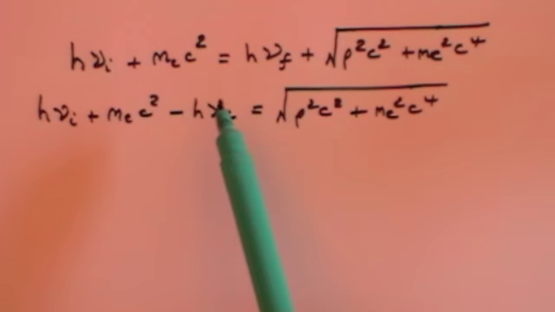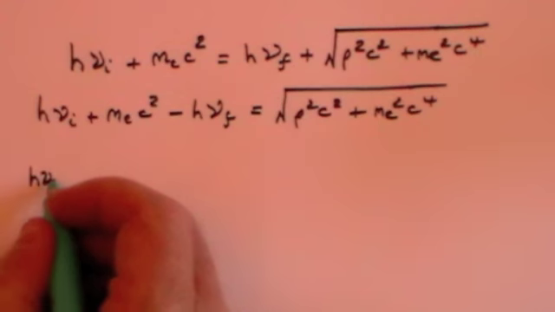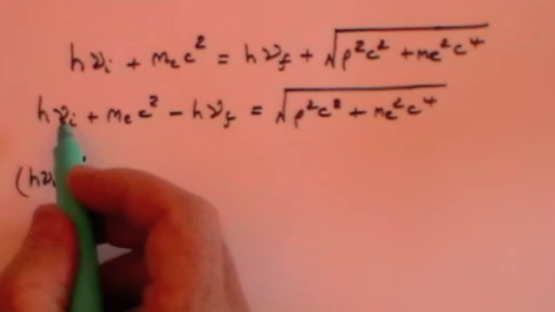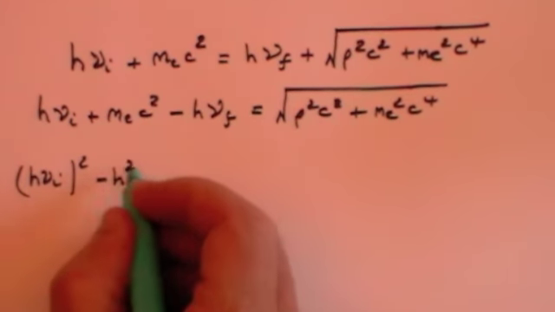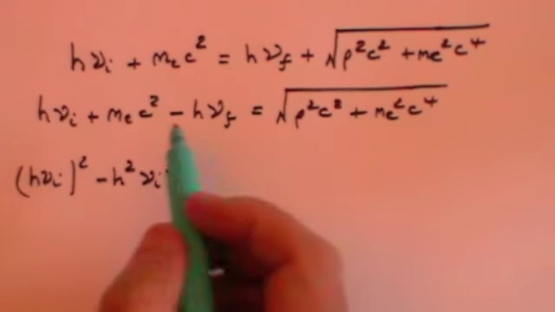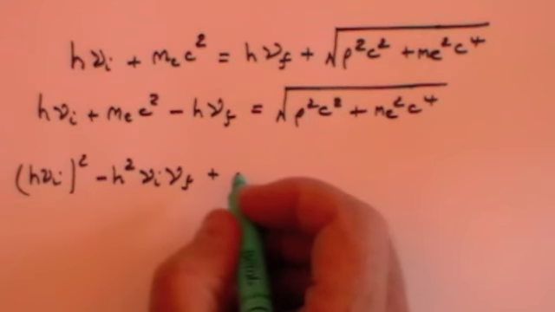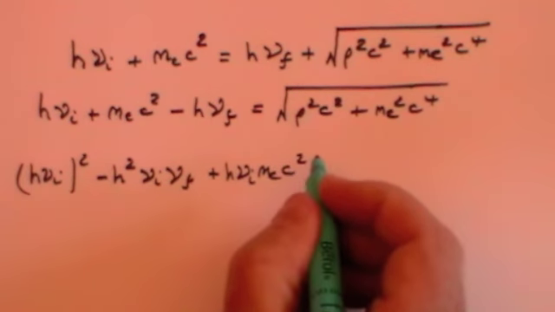This side is going to generate 9 terms. So, deep breath, and we'll write down what those terms become. You're going to get an (h nu I) all squared from this term. From these two multiplied together, you're going to get a minus h squared nu I nu f. And from this term and this term, you're going to get a plus h nu I times m e c squared.